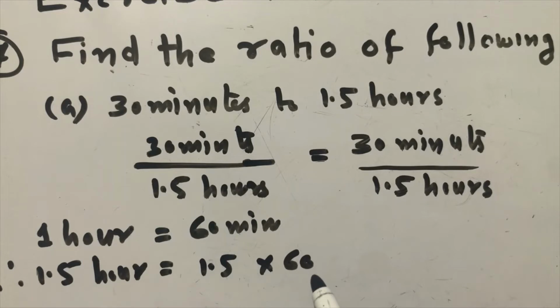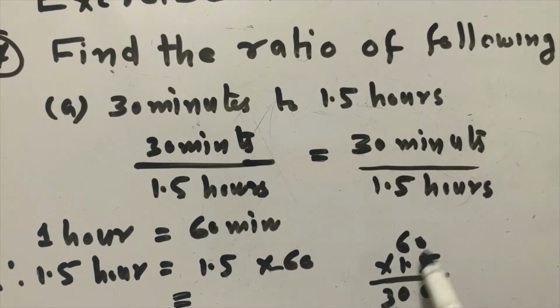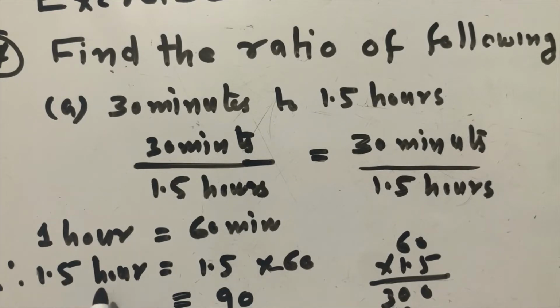So 1.5 hours is equal to 60 into 1.5. Now we will do the multiplication: 60 into 1.5. 5 6s are 30, 1 0 is 0, 1 6 is 6, 0, 0, 6 plus 3 is 9. And we will put the point after 1, as this is 1.5. So we got 90 minutes. 1.5 hours is equal to 90 minutes.